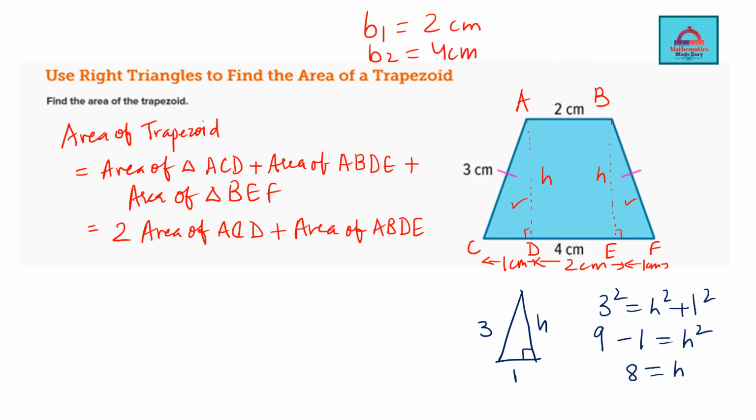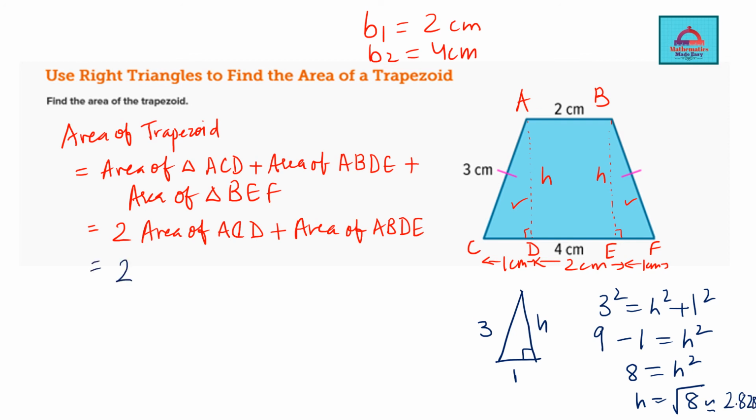So 8 is equal to H square. So H is square root of 8. Now, square root of 8 you can calculate on your calculators. So it will come out to be 2.828 roughly. Okay, and now we'll use the formula.